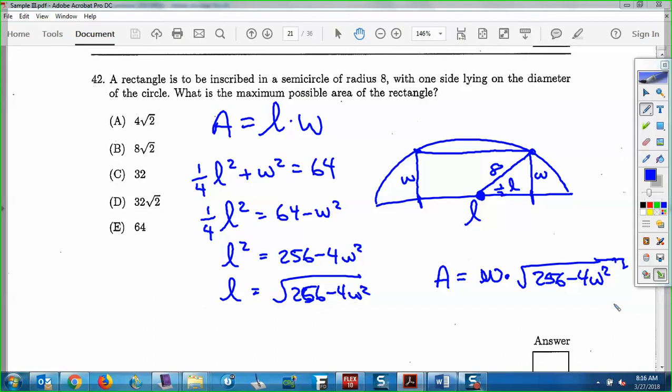It's not going to be any problem for our calculators. So let's take a look at that. So if you do the derivative and then do a solve and set that equal to 0.